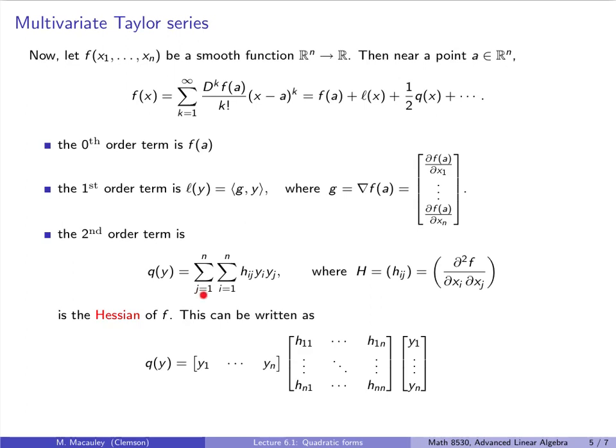And now this function, q of y, can be written concisely as y transpose times the Hessian H times y, or alternatively, as the dot product of y and Hy.